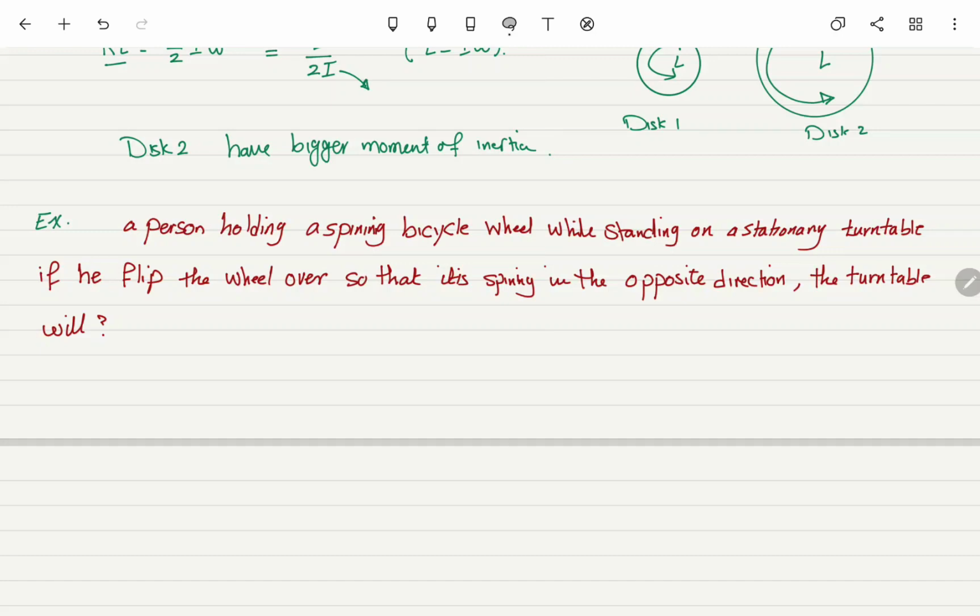To answer this, the total angular momentum of the system is upward and it's conserved. Now if the wheel has negative angular momentum, directed downward, the table and the person both will have positive angular momentum directed upward.